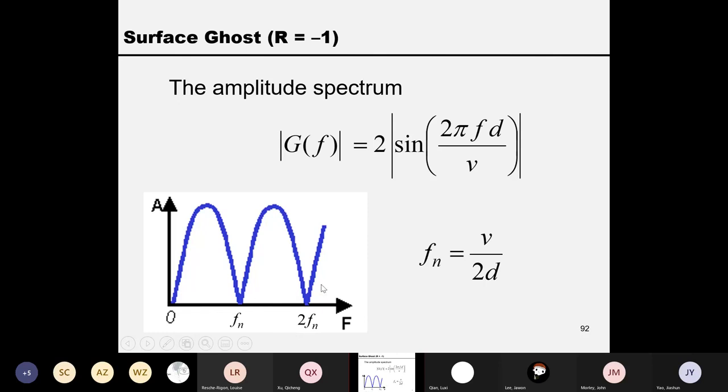Now, if D is larger, it means Fn is smaller, right? Fn smaller means from here to here, the viable signal becomes narrower. Okay, now how to measure this? Usually we measure from the top, the highest amplitude, to half the highest amplitude, and we measure the width of this.